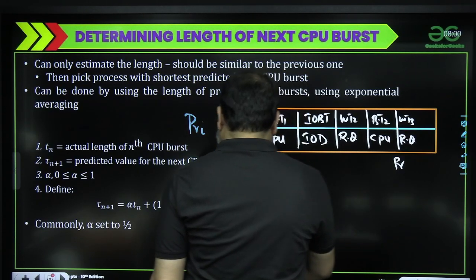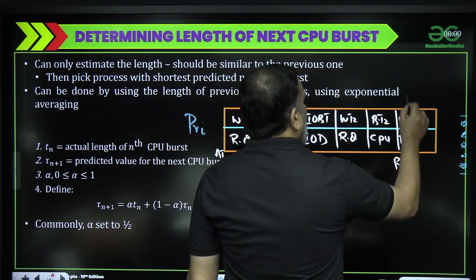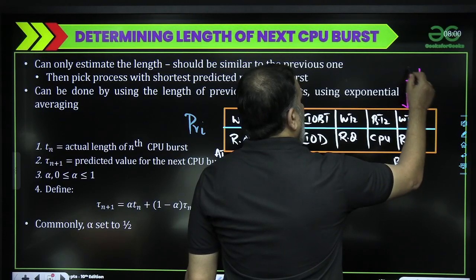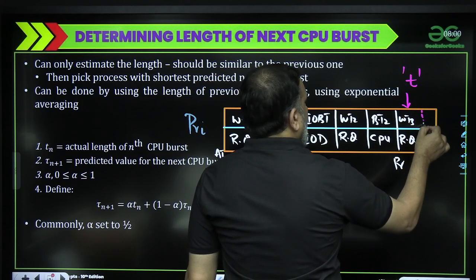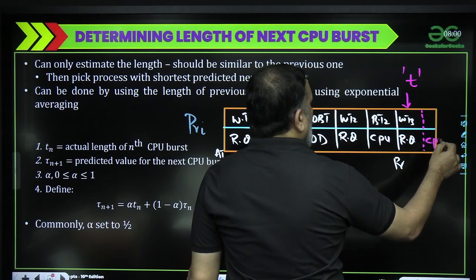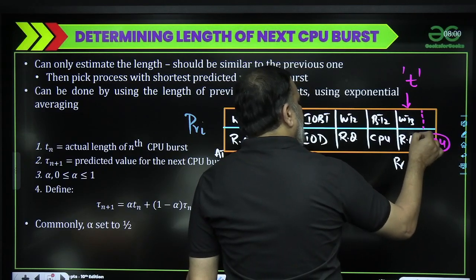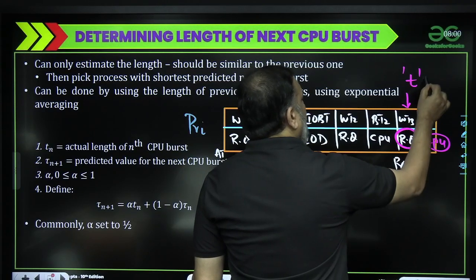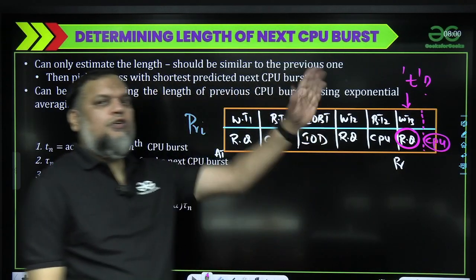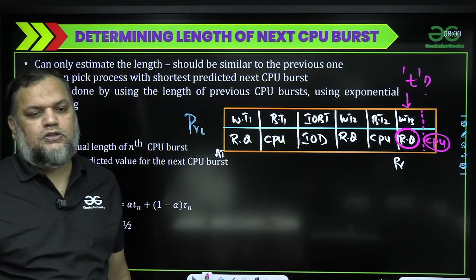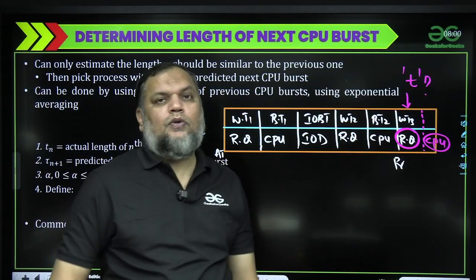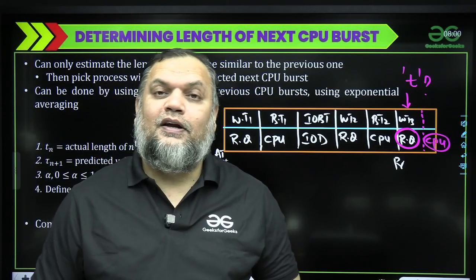Now, boys and girls, at this point of time T, the process is waiting in the ready queue, perhaps to get a chance to run on the CPU again. While waiting in the ready queue, we want to estimate how much the next CPU burst will be, the next time it is going to run on the CPU, how much amount of time it is going to run for.